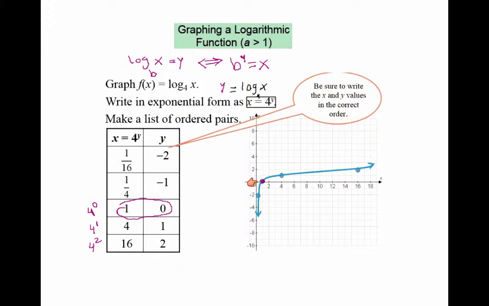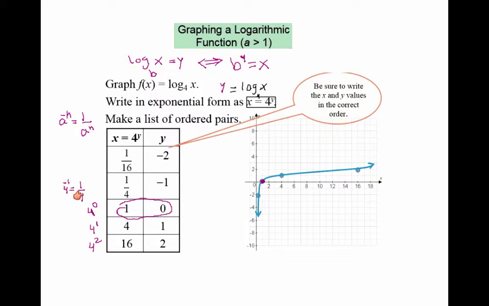But as I decrease the value of y, if I let y be equal to -1, that would be 4 to the power of -1, which is equal to 1 over 4. We recall a to the power of -n is equal to 1 over a to the power of n.